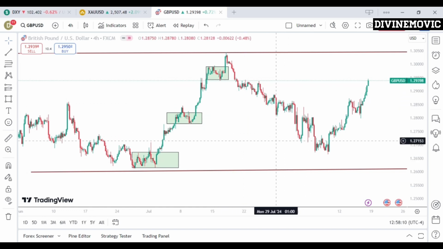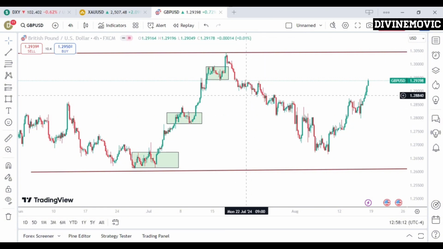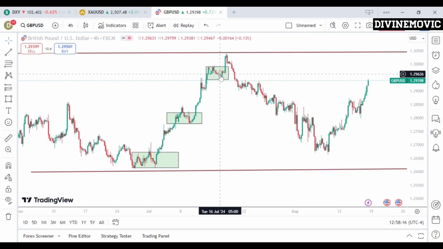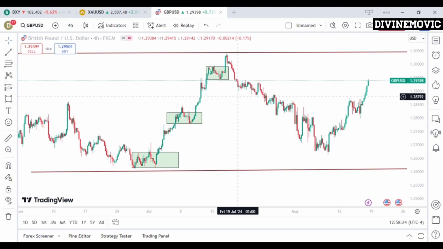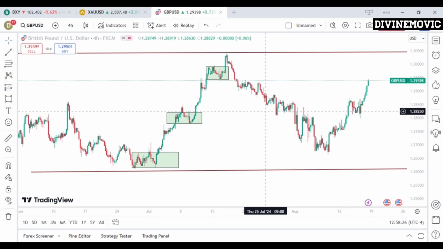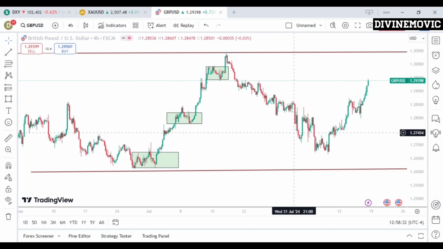But our interest now is simply to identify the supply zone at this point here. Remember, we have identified this point here as our first demand zone. What we want to do now is to refine these zones to become points of interest. But before we do that, let's also identify the supply zones in this area here. Now, this whole place is very choppy, and what I'm seeing here is clearly a build up of liquidity.